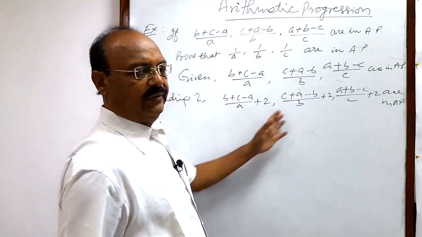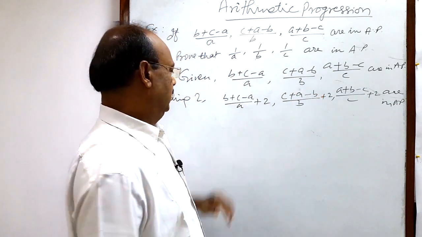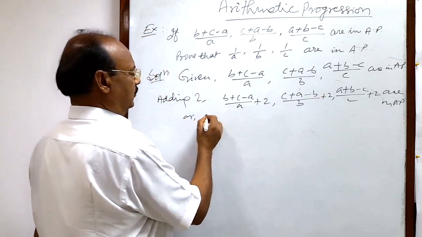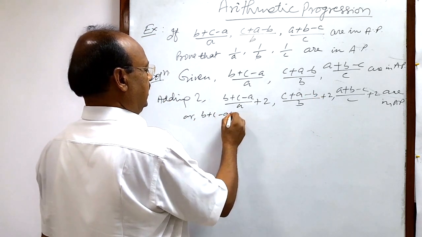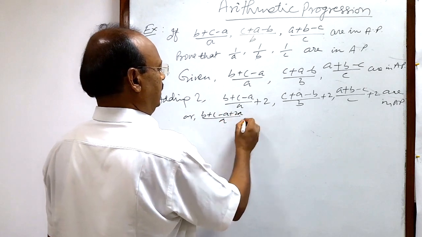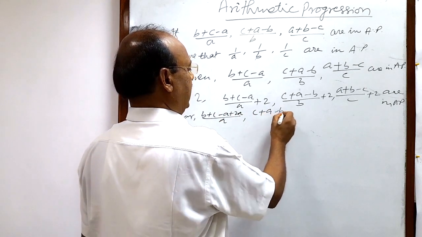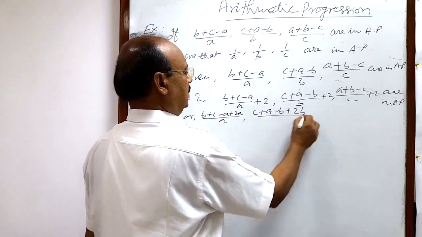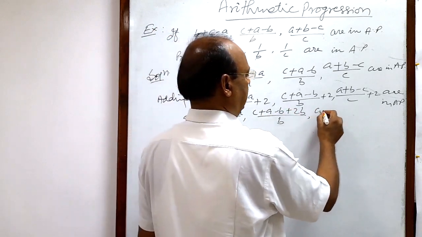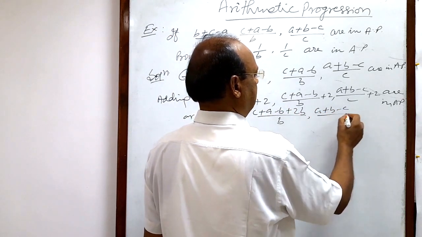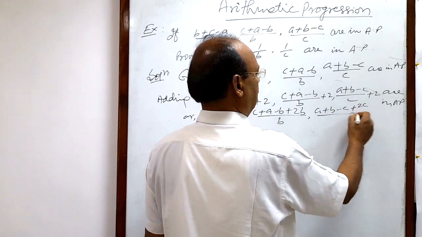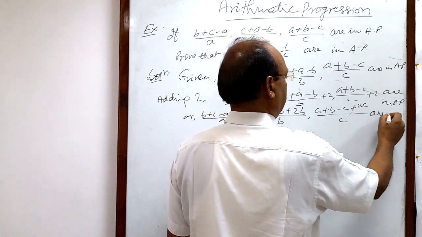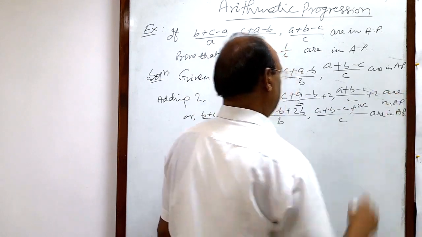What is the benefit of adding 2? Or (b + c − a + 2a)/a, (c + a − b + 2b)/b, and (a + b − c + 2c)/c are in AP.